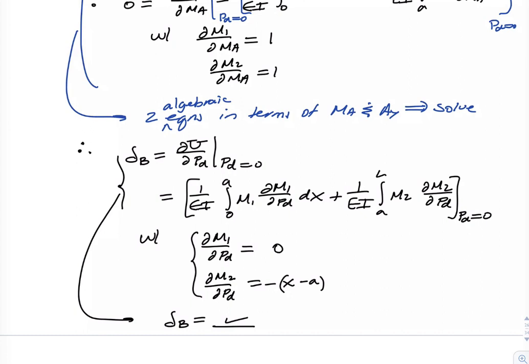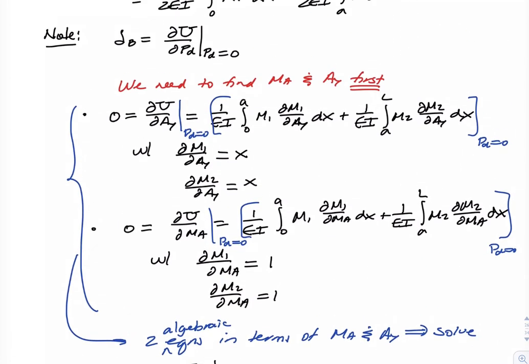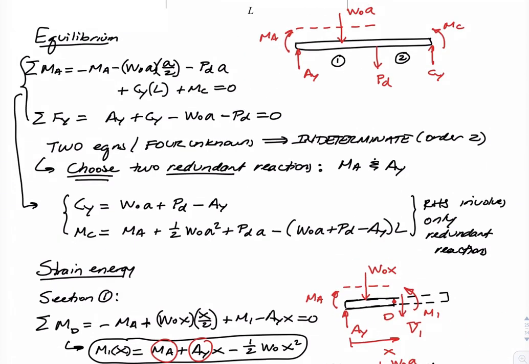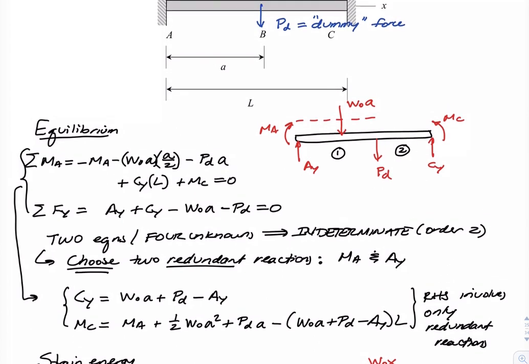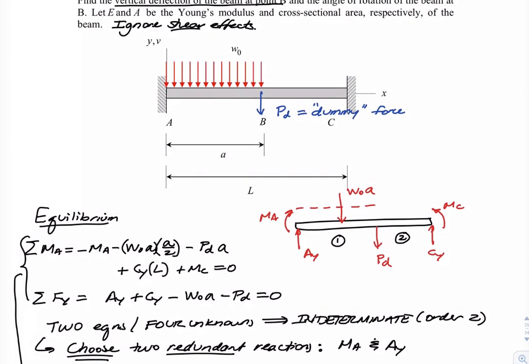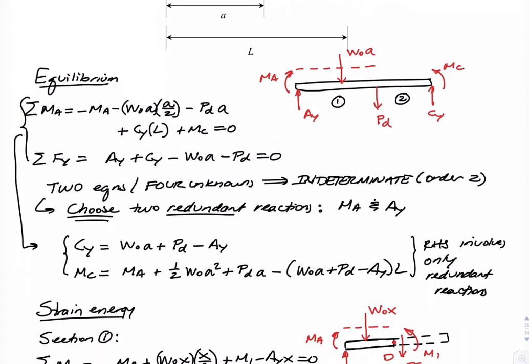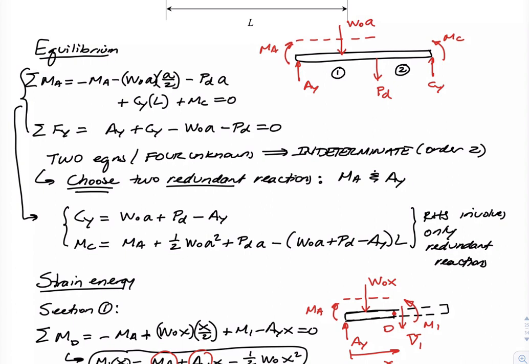Long question, and we didn't really do all the details here. But the important thing here is the process. We recognized right from the beginning we needed a dummy force there at B, because we're asked for a deflection there at B. So we kept that in. We recognized, secondly, that the problem was indeterminate by order 2, so we had to choose our redundant forces.